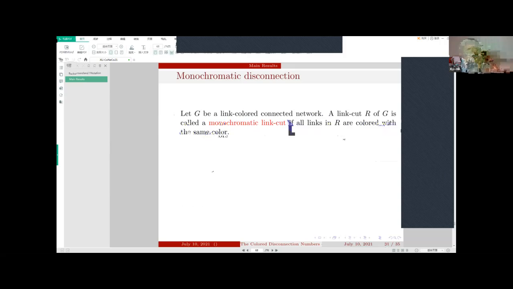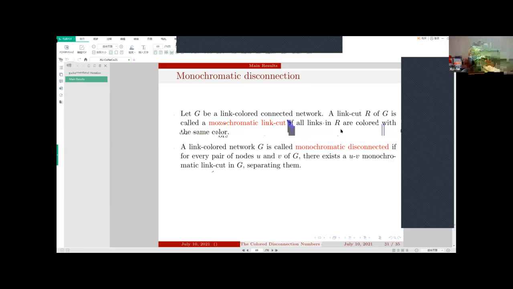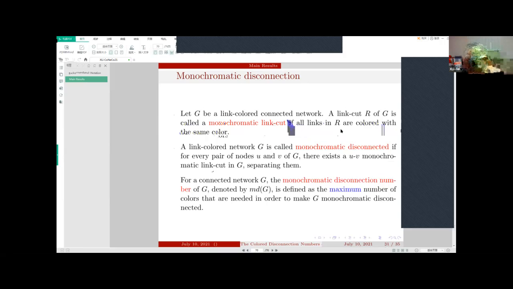And we have some papers on this, and also monochromatic link coloring. By name, you can imagine the cuts are monochromatic. So you also have a monochromatic disconnection coloring number. But for the monochromatic case you want the maximum number of colors. If you said minimum, that's meaningless because one color is enough.